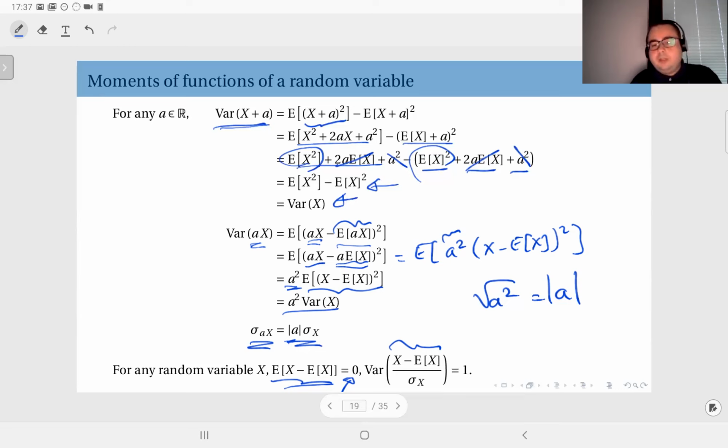Remember, this is the standardized random variable: x minus its mean divided by its standard deviation. This standardized random variable always has zero mean, and it always has a variance of 1, which follows from this discussion here.